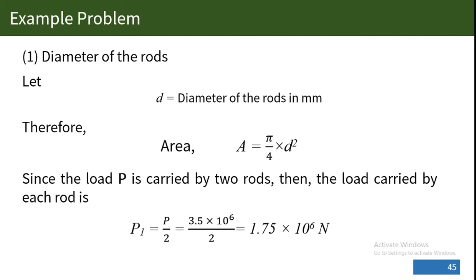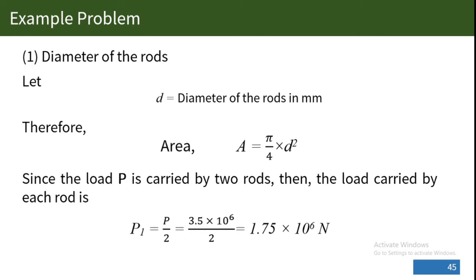Okay, the load is carried by two rods. So meaning each rod is carrying half of the total load, right? Did you get why we are dividing the load into two?